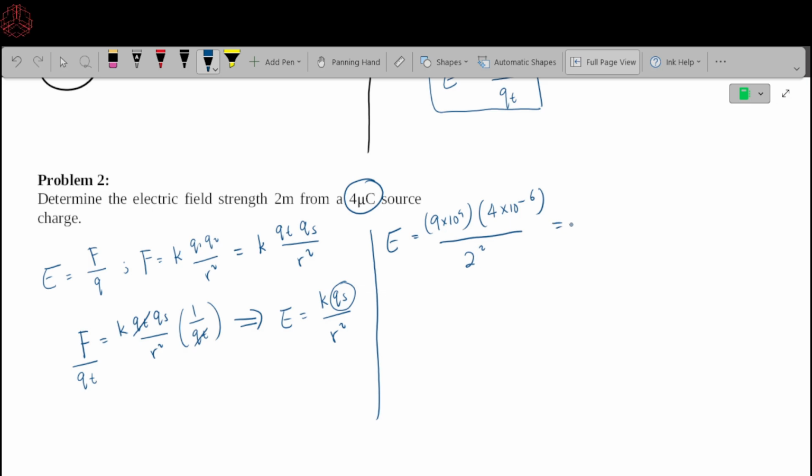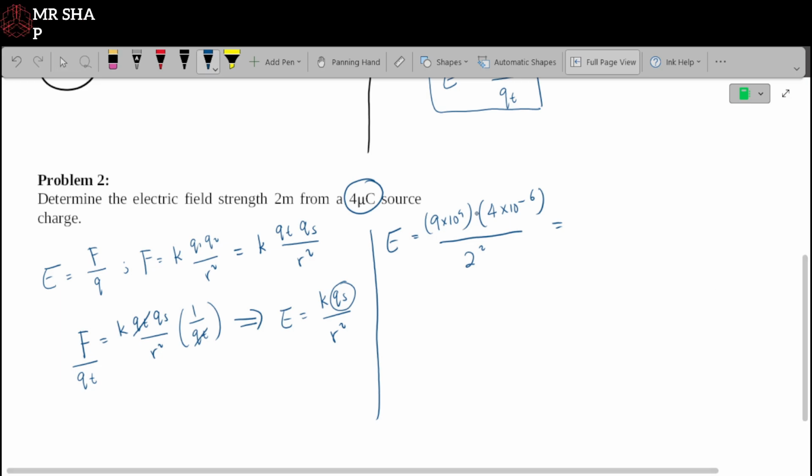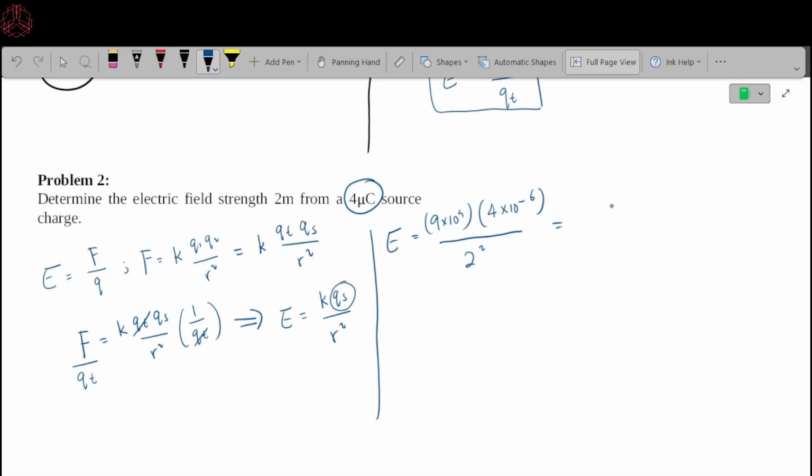In your calculator, you will find that the electric field 2 meters from the 4 microcoulomb source is 9,000 Newton per coulomb.